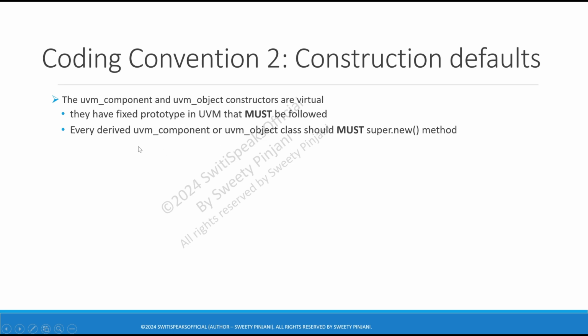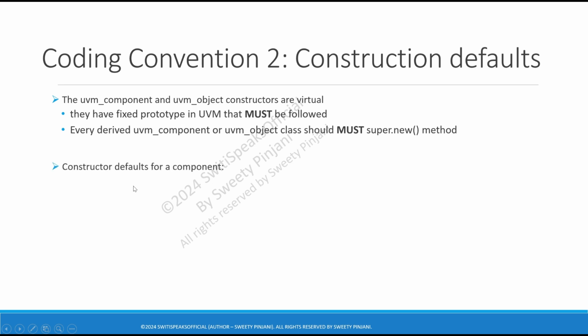As I showed you, I was deriving a sequence item. I was deriving something from UVM sequence item. In that case, I have to call super.new method also, in case of any derived component or object class. We will see the code, but remember these points. They have a fixed prototype and they should call super.new method.